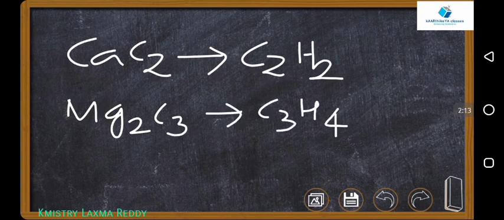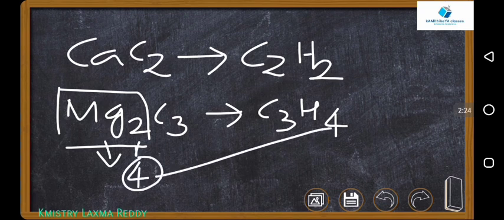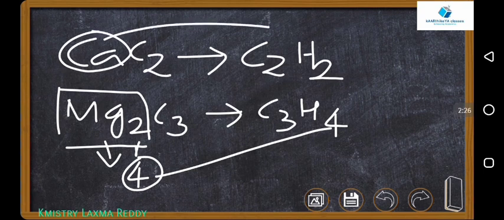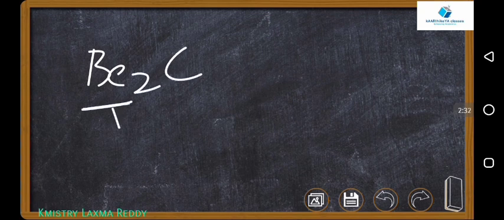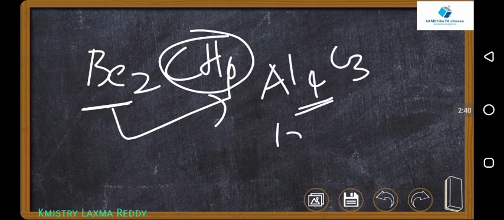So how can we say? Very simple logic. Take Mg2C3. What is the magnesium charge? 2. Two magnesiums are there, so the charge is 4. That means you need to add 4 hydrogens. What is calcium's charge? 2, so you need to add 2 hydrogens. What is beryllium's charge? 2, that means you need to add 4 hydrogens for Be2C. What is aluminium's charge in the Al4C3 compound? 3, that means 12.